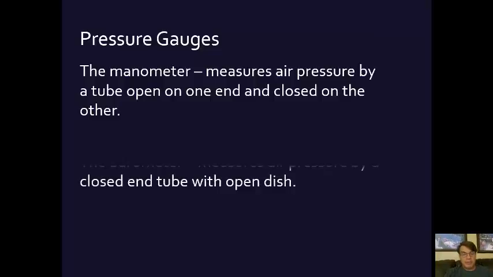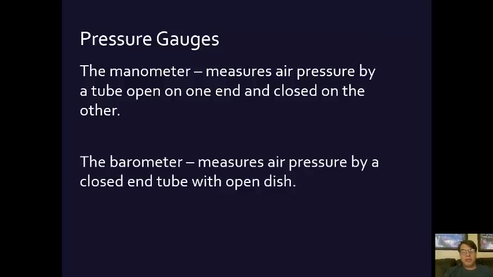The barometer also measures air pressure, but it usually has a closed tube and then maybe an open dish, and a lot of times a barometer will use mercury, for example, and so the pressure of the atmosphere on the mercury in the dish will cause the mercury to rise in the tube that's closed.